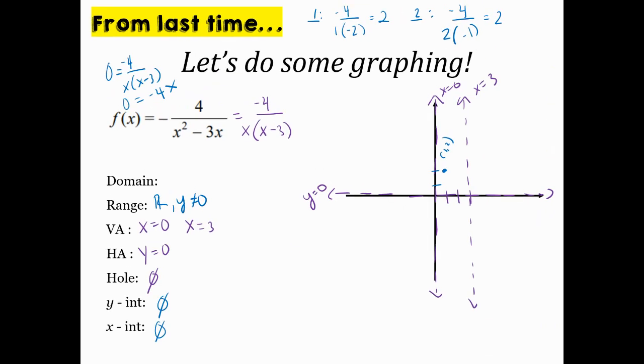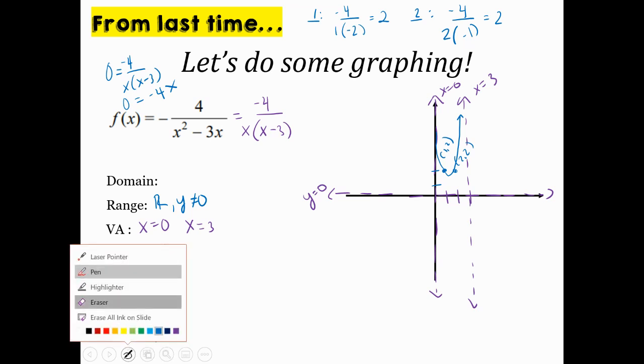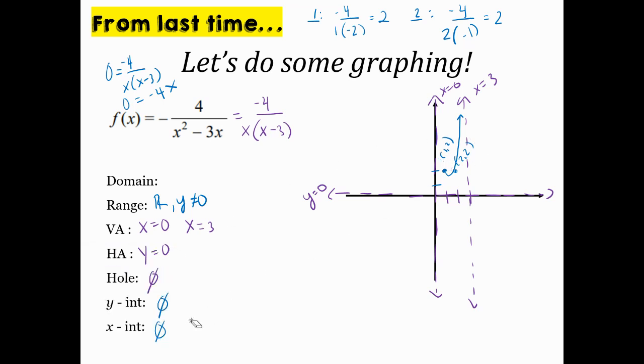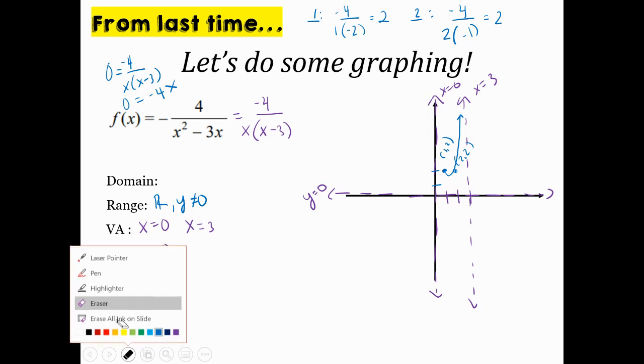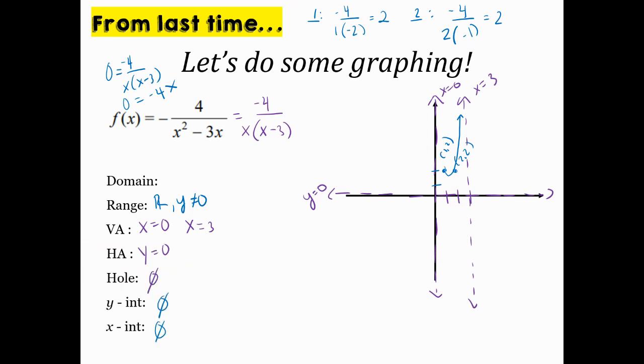How do I get out of this? Oh, that was interesting. That point is 2, 2. Right? And I can figure out that it must do something like this. I'm not going to touch the asymptote. It's going to approach it. Not going to go down because I don't have any x-intercepts.